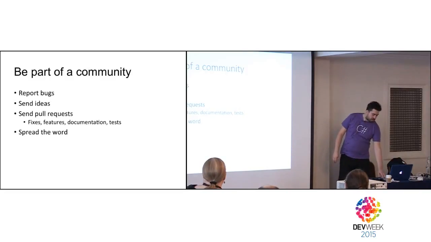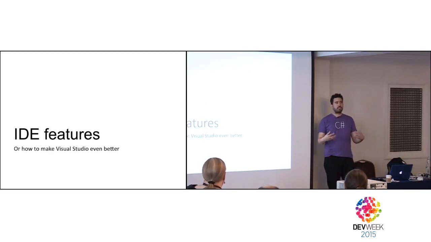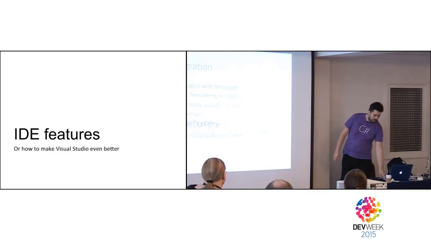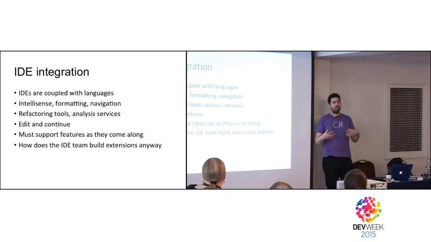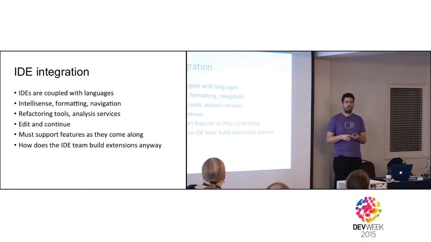Okay, so let's talk about integration. The first and most obvious candidate for integrating with Roslyn is the IDE itself, Visual Studio, because the Visual Studio team is, let's say, near the C# language team. So before, with the old compiler, how would we create language features? First of all, we would have to re-implement a lot of those.